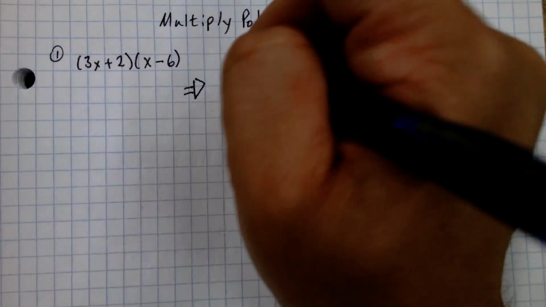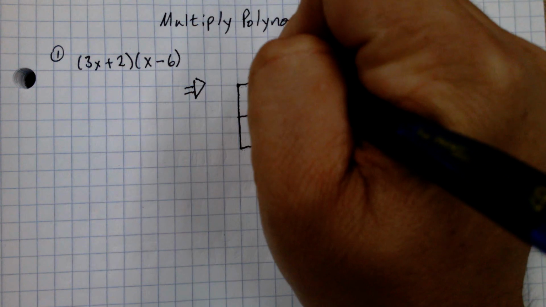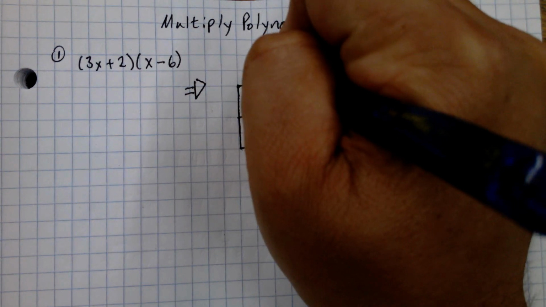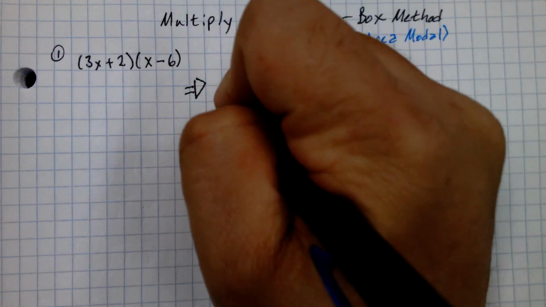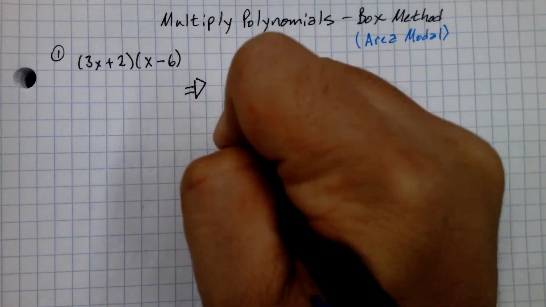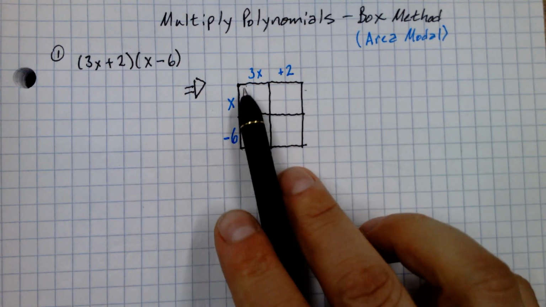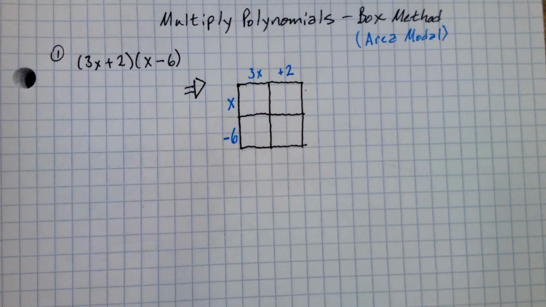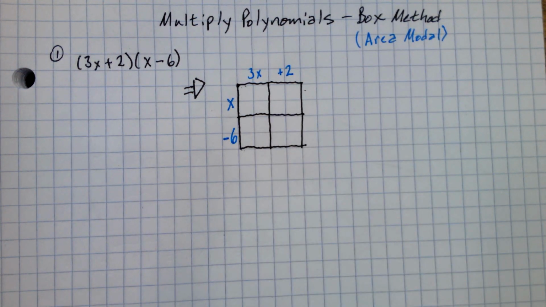So here, I'll just put 3x, and then since it's positive 2, it goes here. Okay? And that means x and minus 6 will go here. So this is my length, that's my width. I'm going to multiply and fill in the rest.